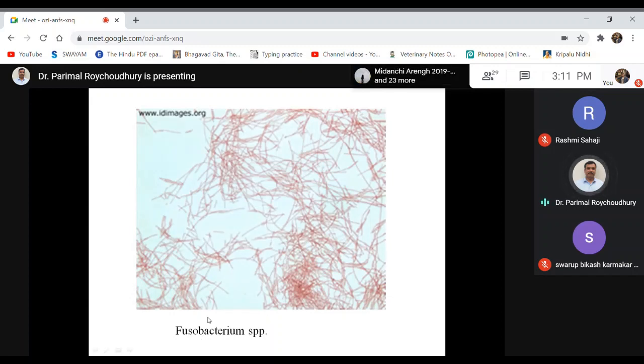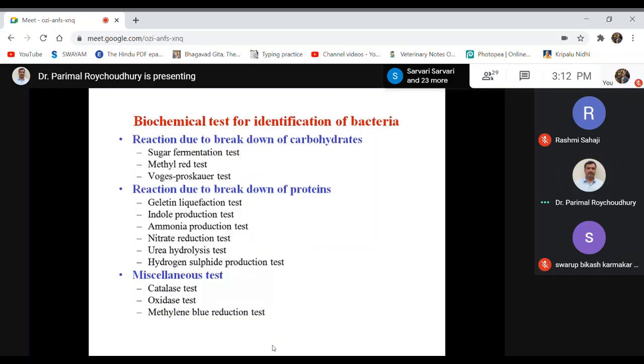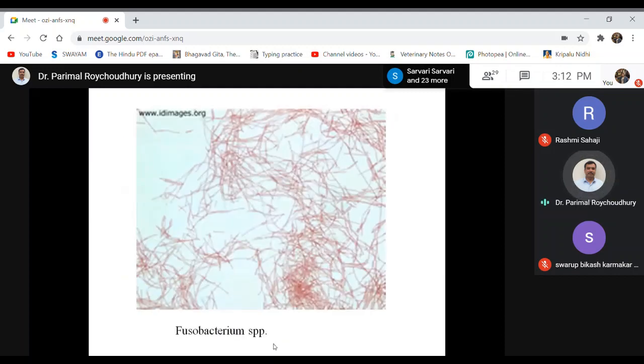They're commonly associated with the condition we call foot rot. When our animals are stranded in muddy floors, these bacteria produce necrotic lesions in the hoof. We call it the foot rot condition. We'll talk about these different diseases at a later point.